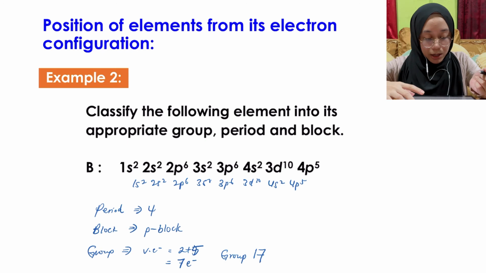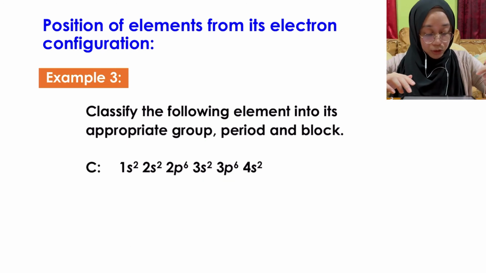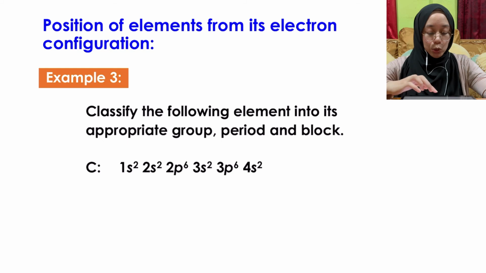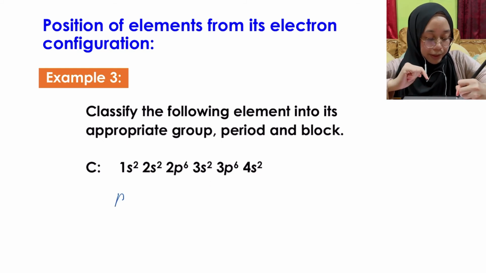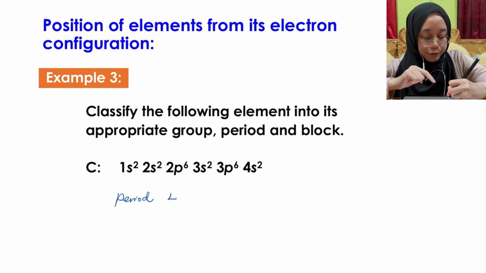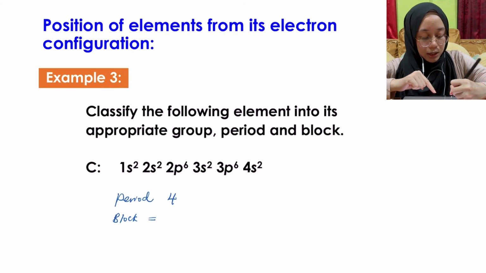Okay, and then kita pergi kepada contoh example 3. Okay, so untuk example 3 pula, kalau kita tengok sini, kita terus nak determine period lah. So kita tengok yang hujung sekali ni 4, so period 4. And then block, since dia adalah S yang paling tinggi kat sini, so it is in S block.